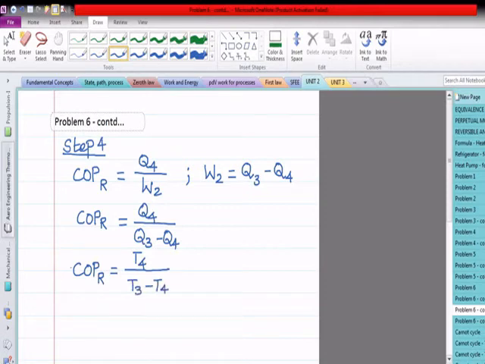Now I am going to use this formula because I know the cold and hot reservoir temperatures of the refrigerator. What is the value of T4? It is 260. T3 is 300.